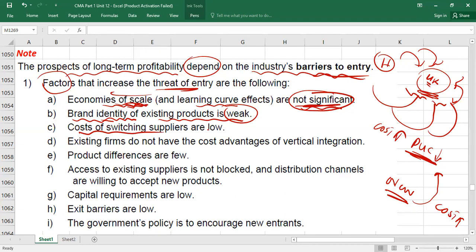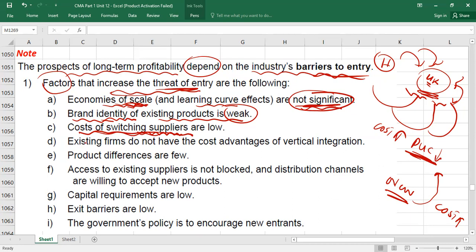So for me as a customer, switching cost is low. I can switch from one supplier to another. If the cost of switching supplier is very low from the customer's point of view, then it will increase the threat of new entry, because a new entrant can think, yes, I can get the customer because the customer has no switching cost.